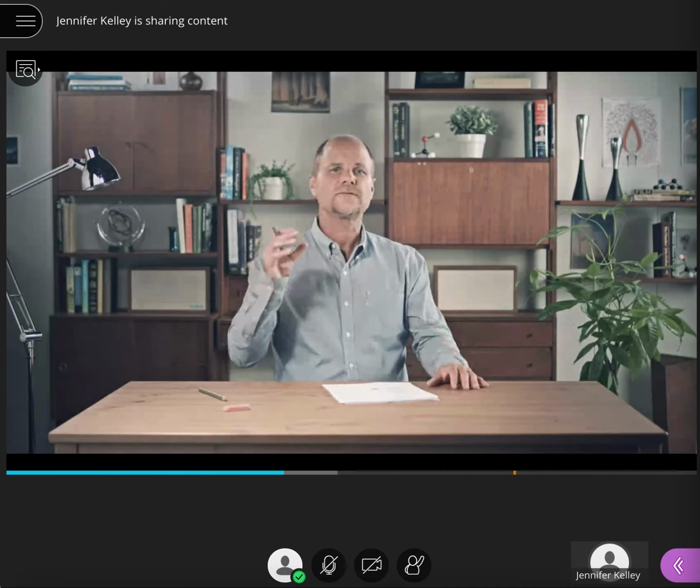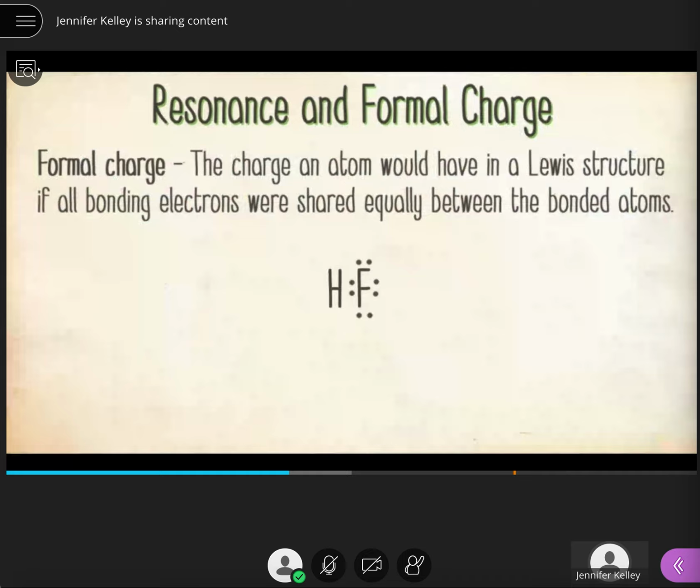For example, because fluorine is more electronegative than hydrogen, the electrons in the HF bond are not equally shared. As a result, HF has a dipole moment. The hydrogen atom has a slight positive charge, and the fluorine atom has a slight negative charge. However, the formal charges of hydrogen and fluorine in HF, that is, the charges we would calculate if we ignore their differences in electronegativity, are both exactly zero.